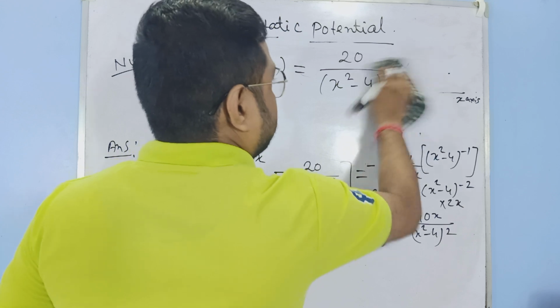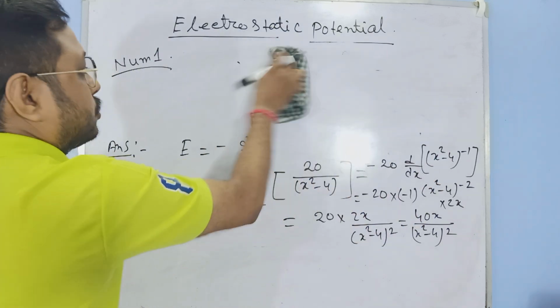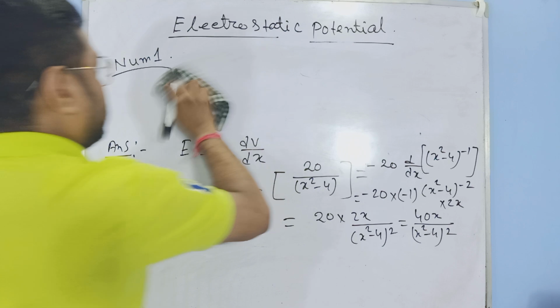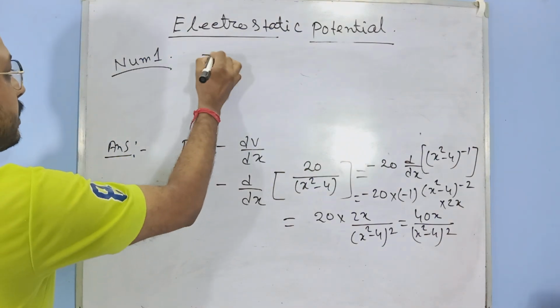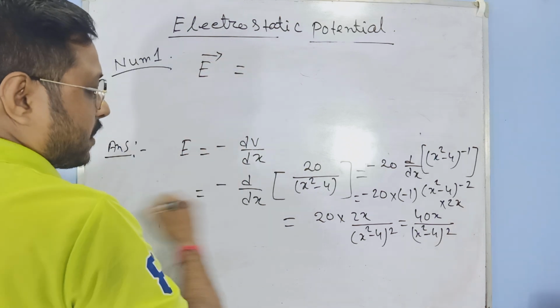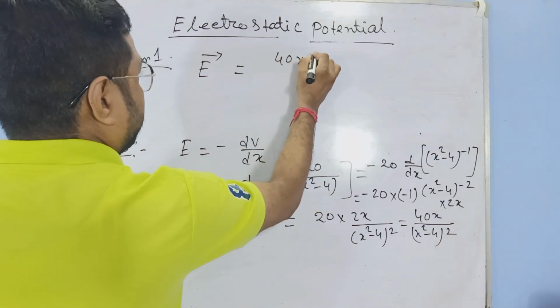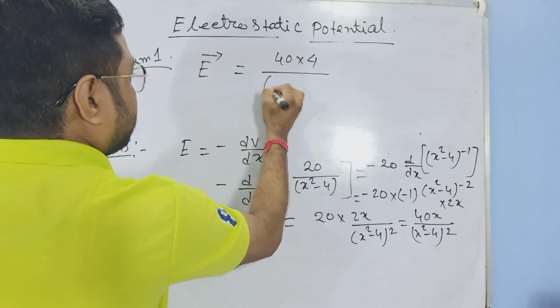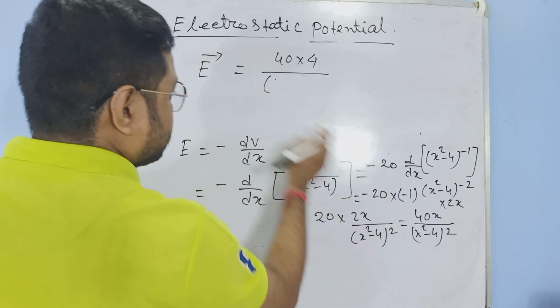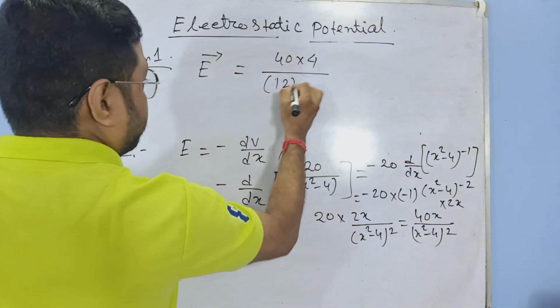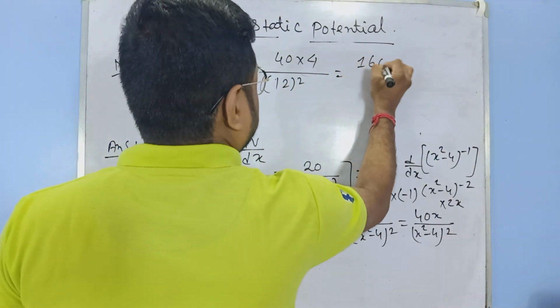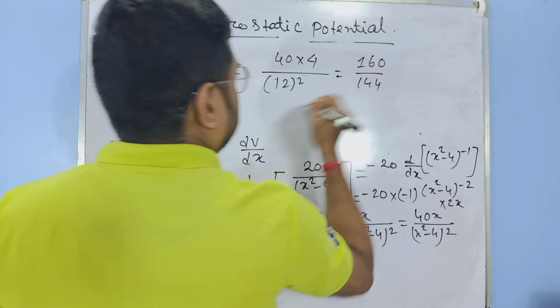I hope you will write down the problem. As the space is very small, so we have to wipe it out. So E is given by 40 into 4 divided by (4 square, that is 16 minus 4, 12) square, or 160 upon 144.